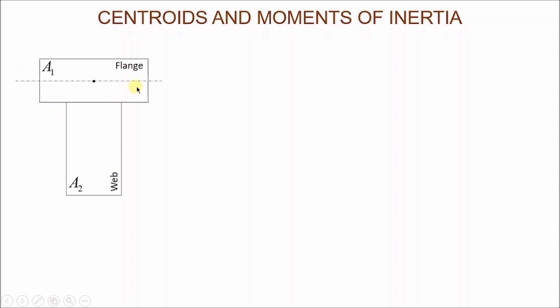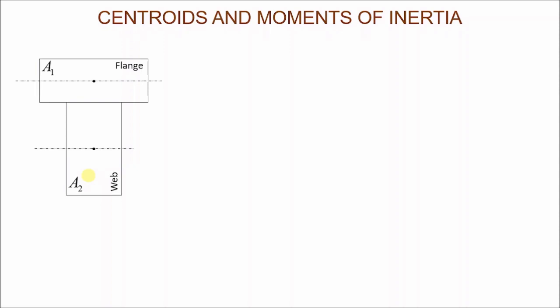Okay, this is just the centroid of the top shape, the top rectangle. And then we also have the centroid of the bottom rectangle here, and its horizontal neutral axis will also pass through that.